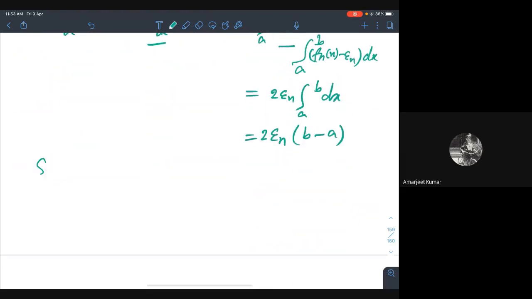Since fn converges to f uniformly, epsilon n goes to 0 as n tends to infinity.